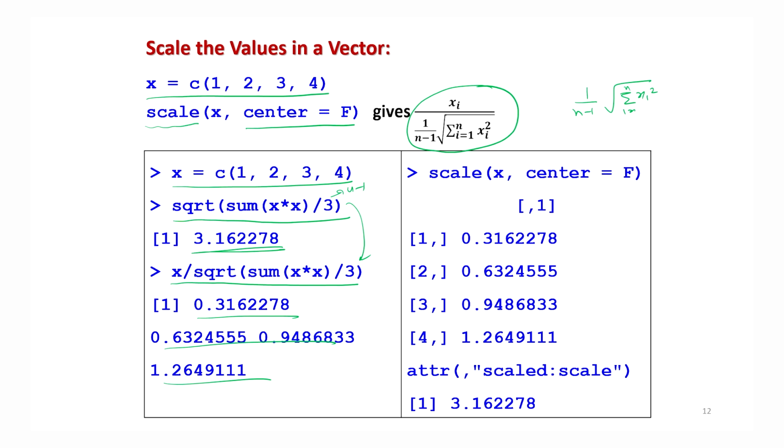And if I try to do the same thing in the R software also using the command scale, with scale x, center is equal to false, you are getting the same values. So if you try to match here, what are you going to get?